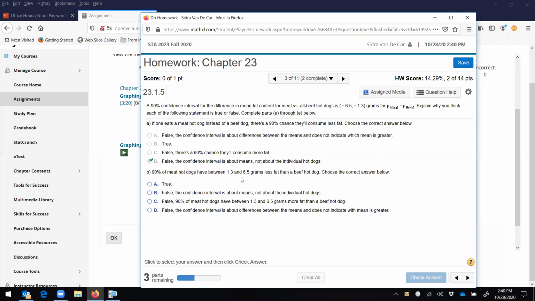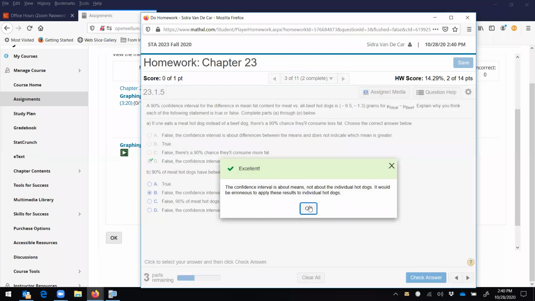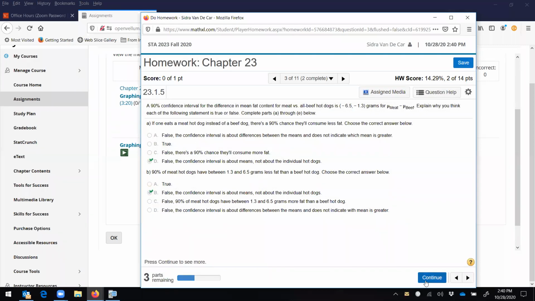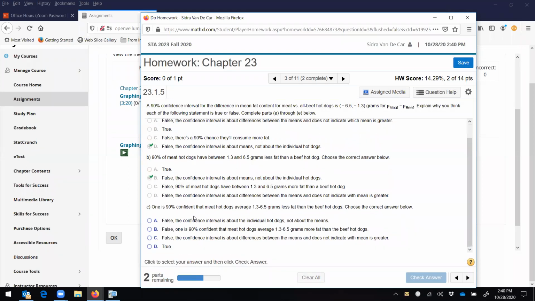Next statement: 90% of meat hot dogs have between these amounts. No, the confidence interval is about means, not about the individual hot dogs. One is 90% confident that meat hot dogs average that many grams less. Okay.